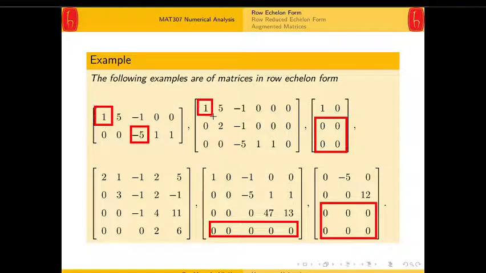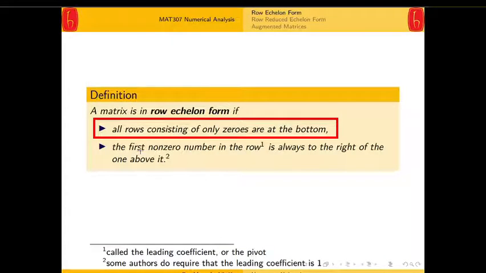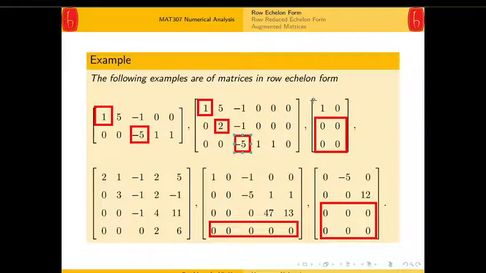And also here we have the leading coefficients of the first, second, and third rows, moving to the right. So this is what we require: the leading coefficient is always to the right of the one above it.